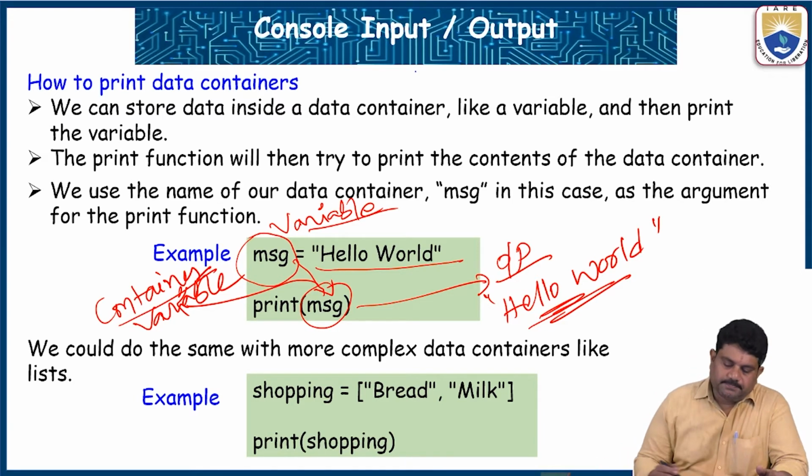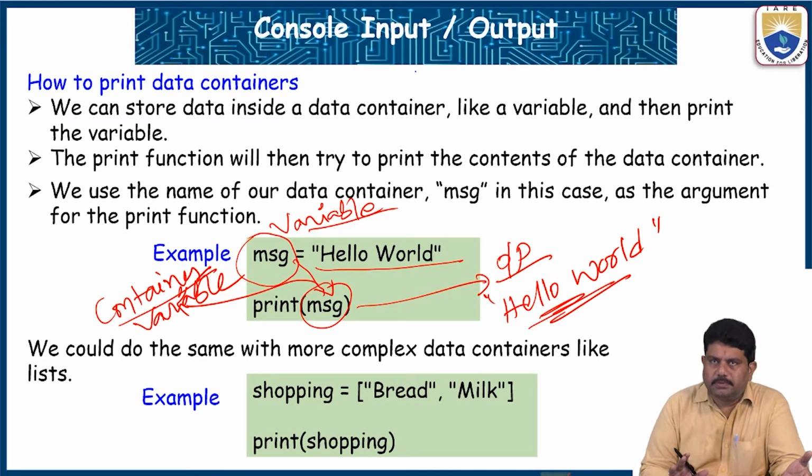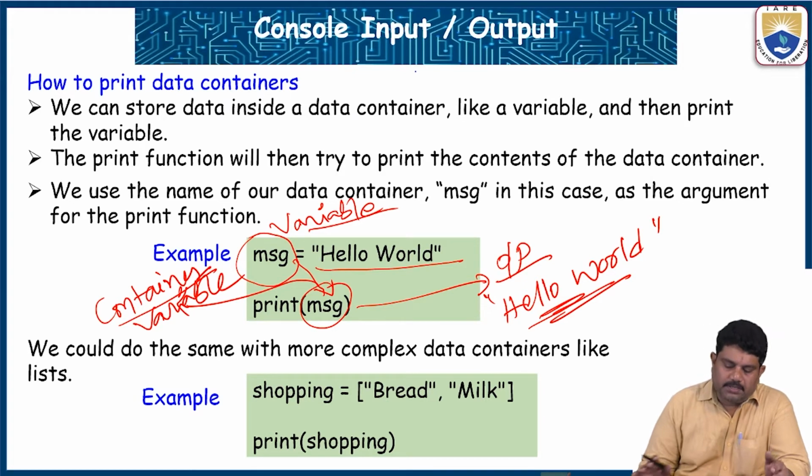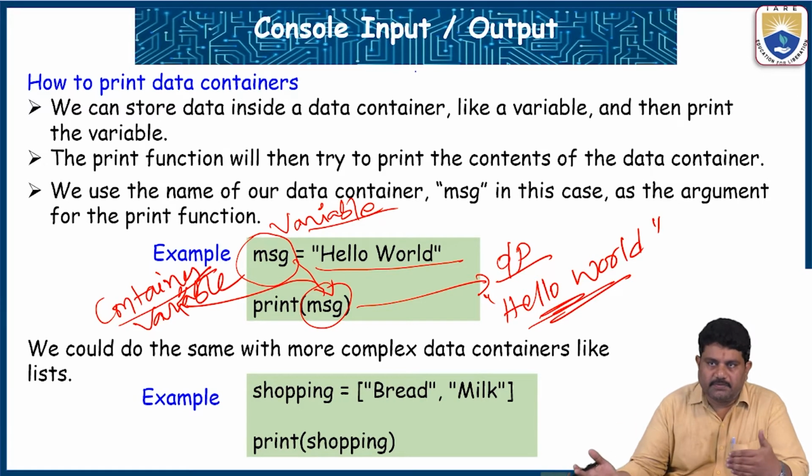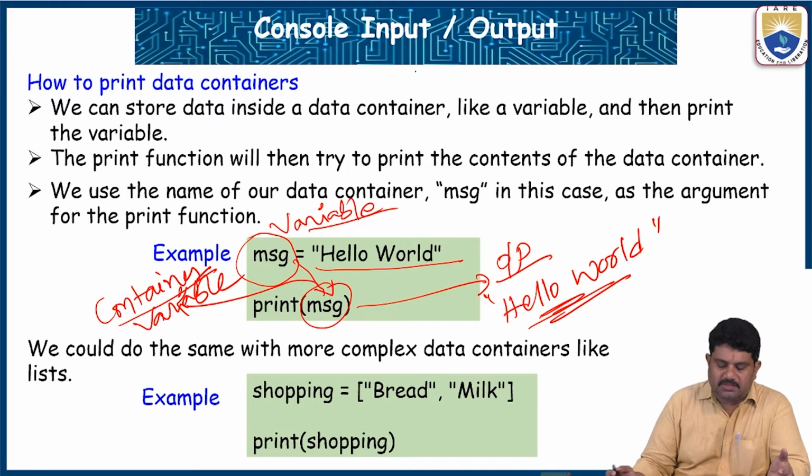Next, see, not only simple containers, we can also print complex data containers. Complex data objects, complex data containers, or complex data variables, those also we can pass as parameters to the print function to print output. Here, see, I have taken shopping.